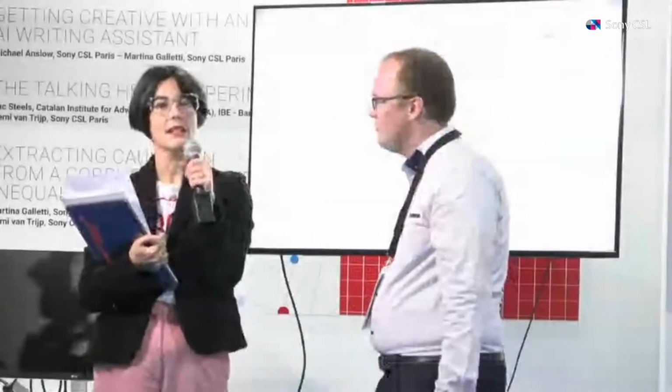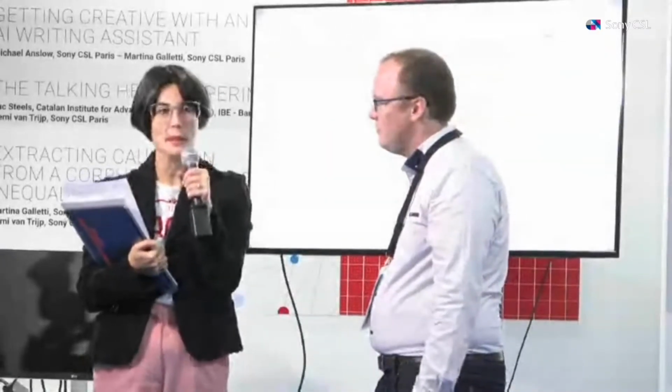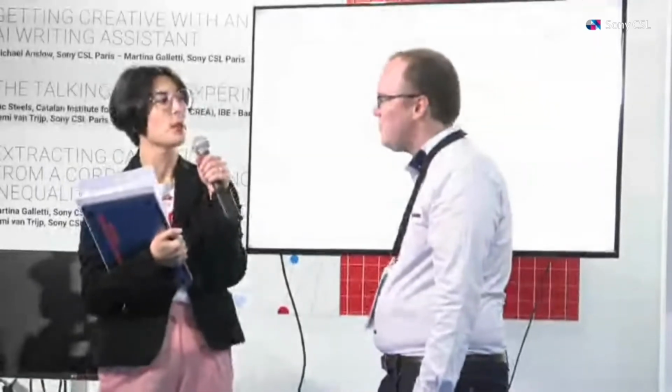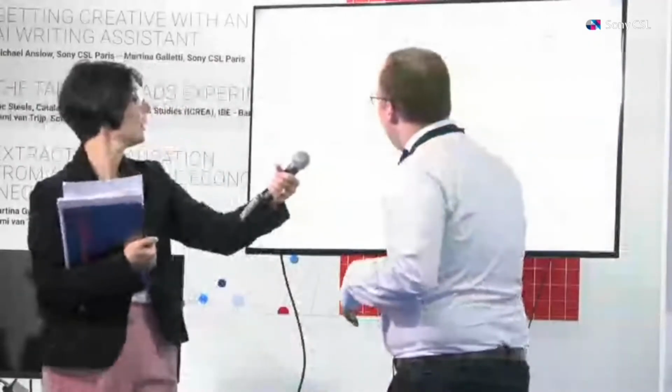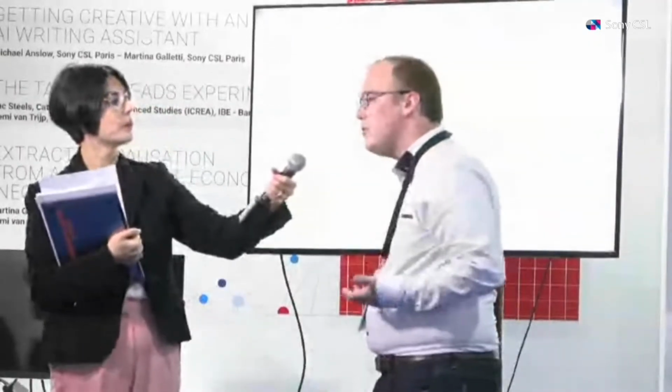Okay, thank you. And would you like to explain more precisely what is the main purpose of this project, the writing assistant? So the idea is that, say you have a piece of text that you already have composed here, as we have on the screen behind us. In this case, it's Rome is a beautiful city.